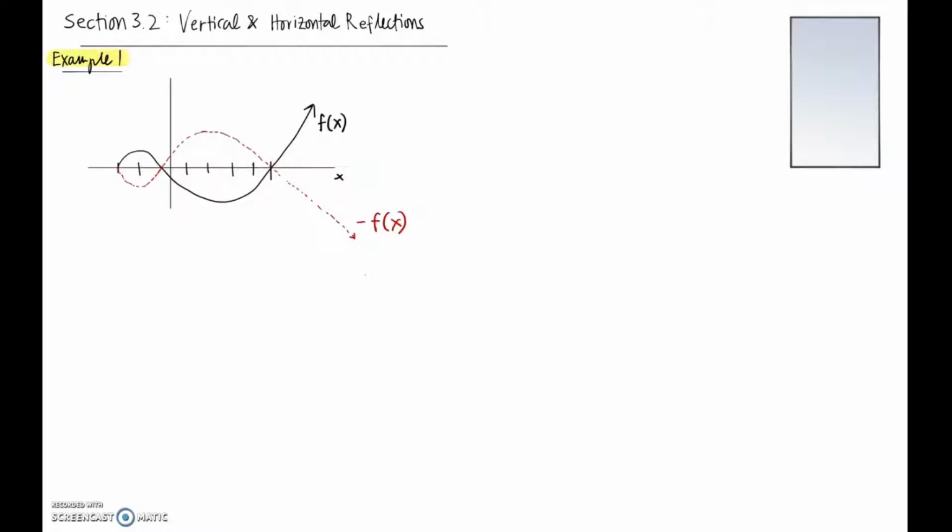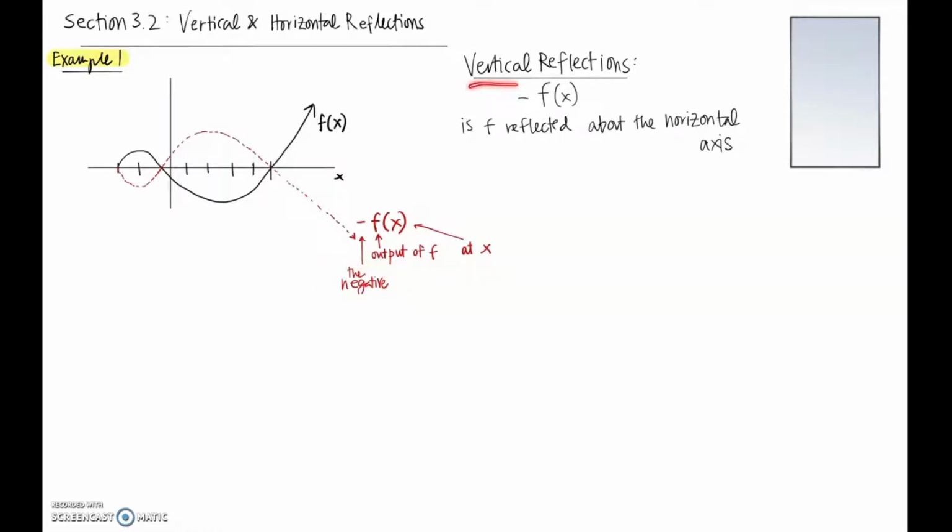This expression here, you need to think of as the negative output of f at x. So the negative output of f at x. These are called vertical reflections.